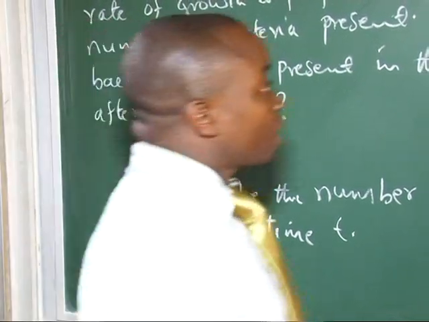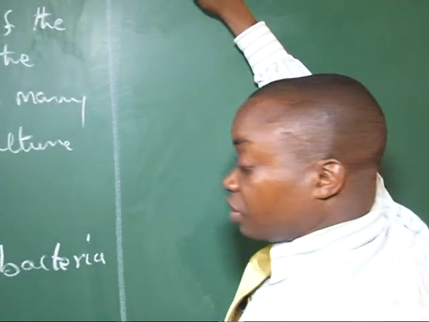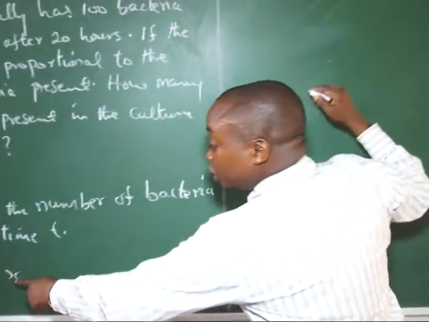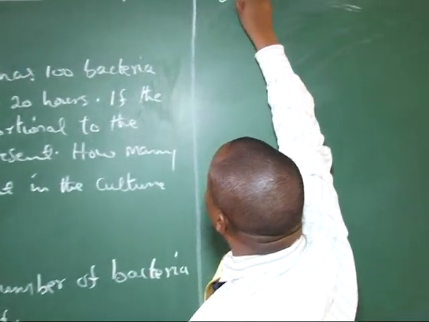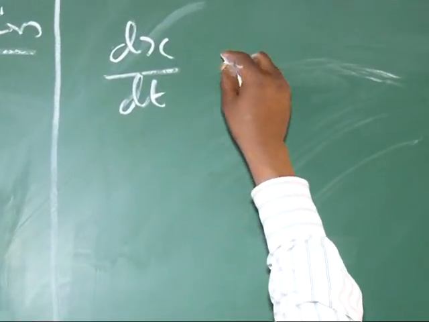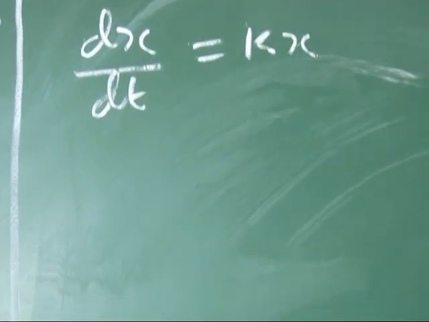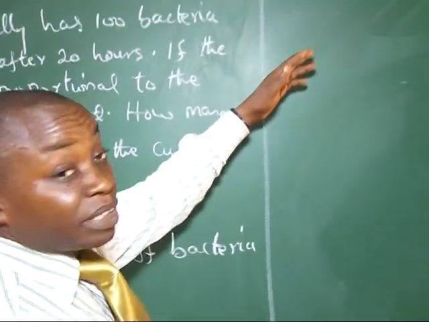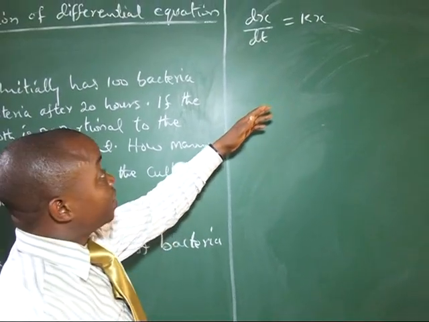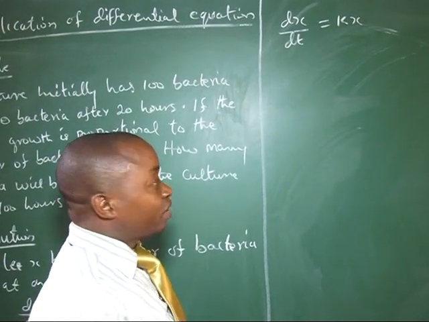And we know that if we have this sort of differential equation, for us to change this proportionality sign, we have to write that dx over dt will be equal to kx. And we see a differential equation that involves separation of variables, which we have known.